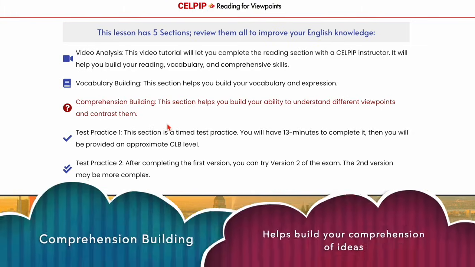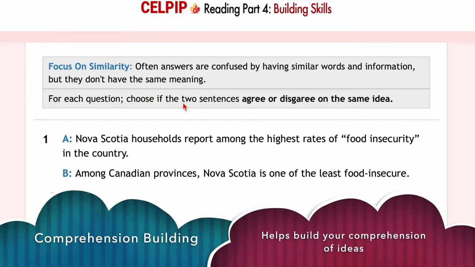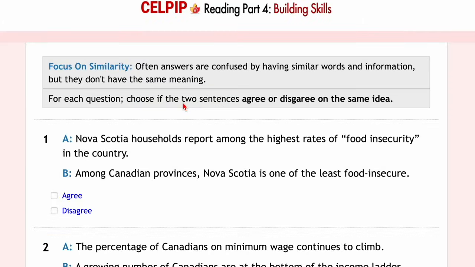Comprehension building. Now, comprehension building, it's an exercise that will improve your ability to understand ideas better and differentiate between ideas, because that's something that you need to do in part 4.